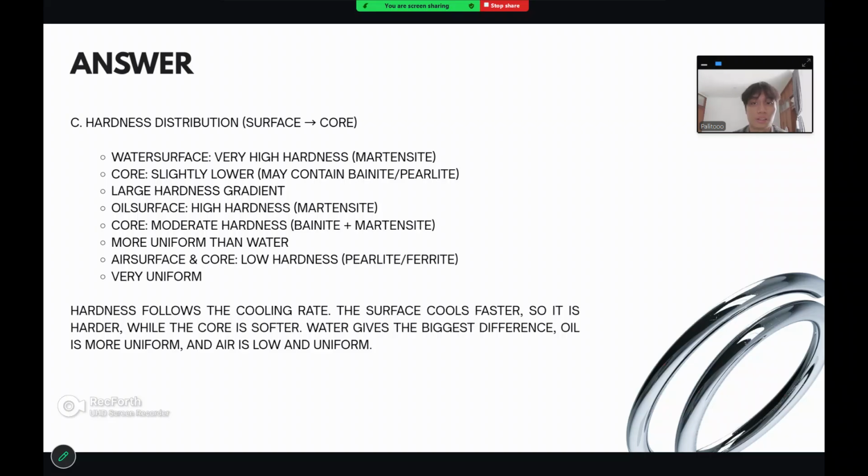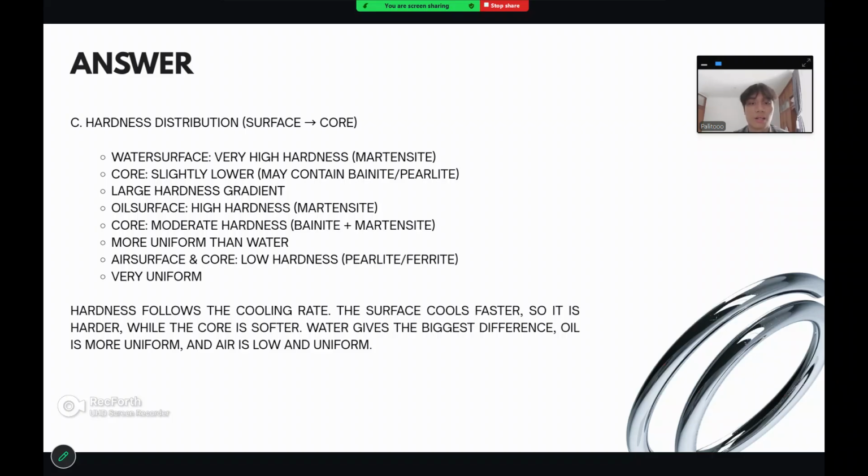So C1 is the hardness distribution from surface to core. For water, the surface has very high hardness, martensite. The core is slightly lower and may contain bainite or perlite. There is a large hardness gradient. For oil, the surface has high hardness, martensite, and the core has moderate hardness, bainite plus martensite, and it is more uniform than water.